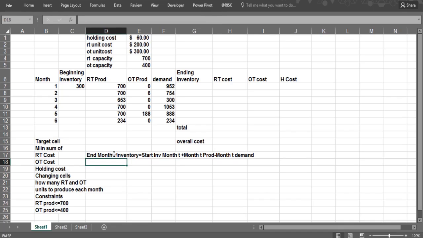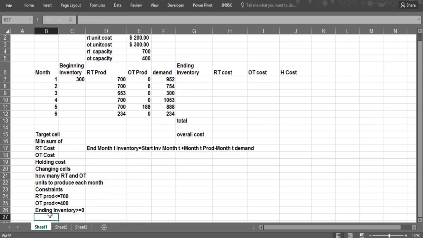Okay, now how do we know that we met demand on time? That's simple. Ending inventory greater than or equal to 0. Because if I have any left over, I had enough to meet demand. Conversely, if I didn't have enough left over, I'd have a negative ending inventory.